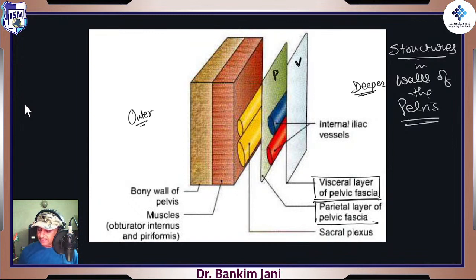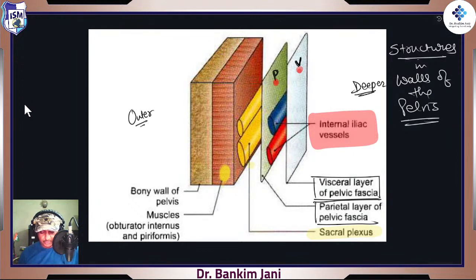The idea is, one, that these internal iliac vessels are between the visceral and the parietal layers. That is the first part. And the second is that the sacral plexus is between those muscles, obturator internus and piriformis, and the parietal layer.